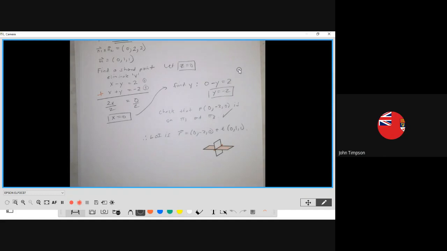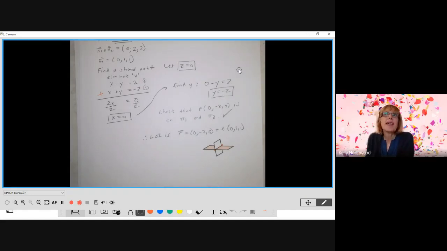Do they have a Desmos for 3D planes? Not that I've seen. They have polar coordinates, but I haven't seen an X, Y, and Z. I bet you it's coming. I bet you it's in the works. It would be really useful. Yeah. There are some Java programs I've seen over the years.